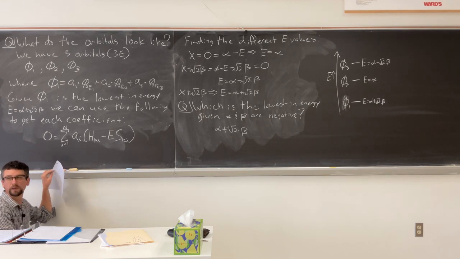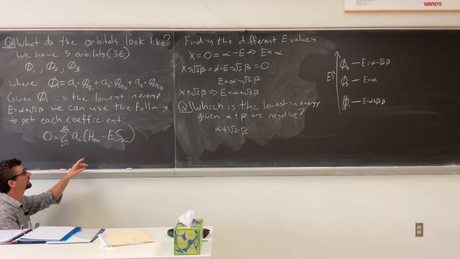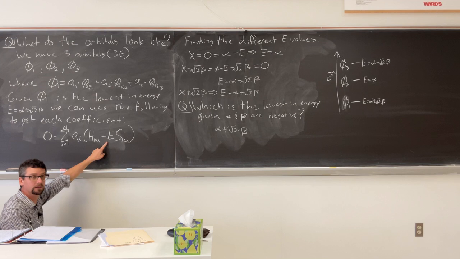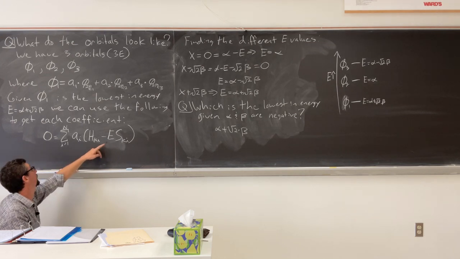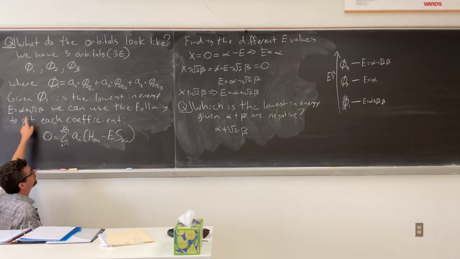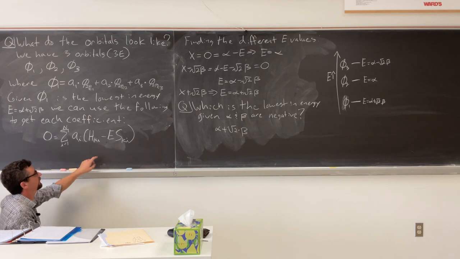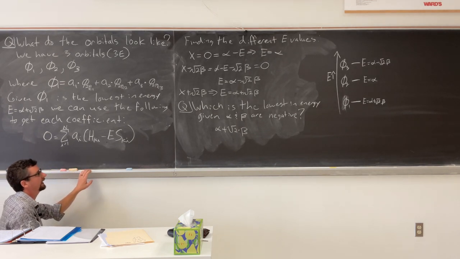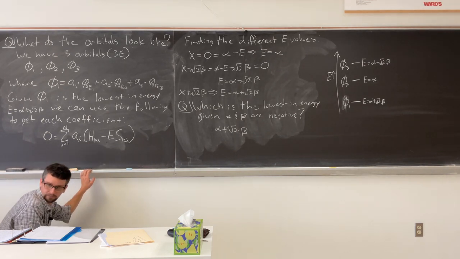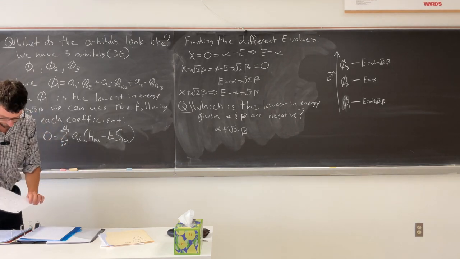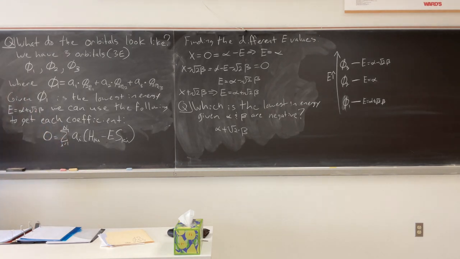What we're going to do then is plug in various values for E. We have one specific value of E that we're interested in, and then we'll plug in different values of H_ki and S_ki. Okay. This is going to result in 3 different equations.